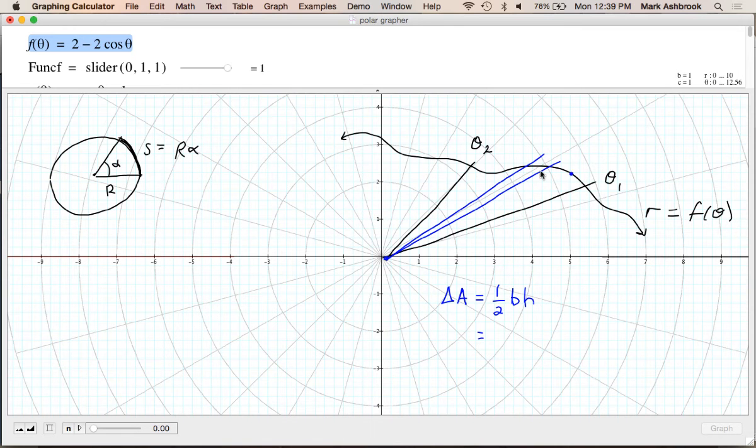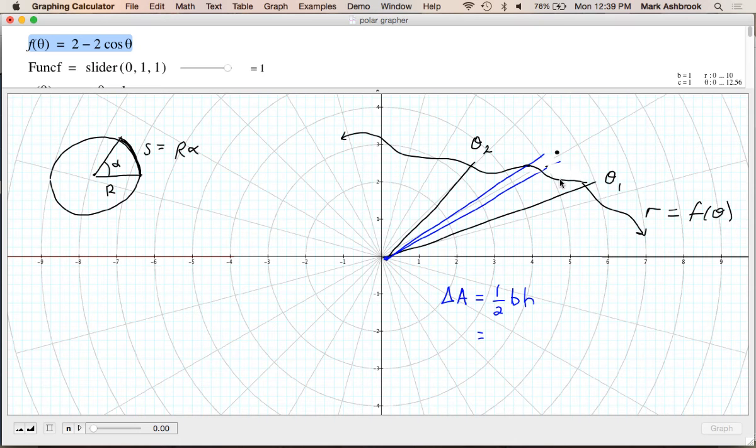So we want to think of this side down here as the base. So you can see this a little better, I'm going to redraw this curve. That's a little easier to see. So what is the base? Where is it going to come from?